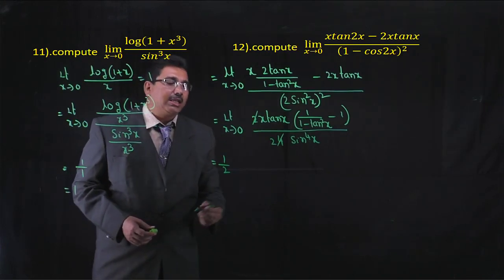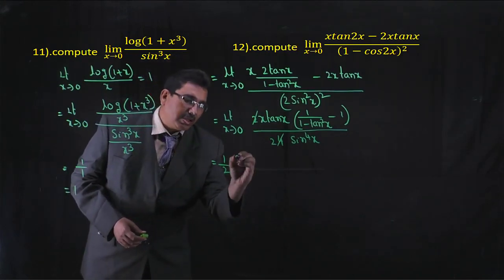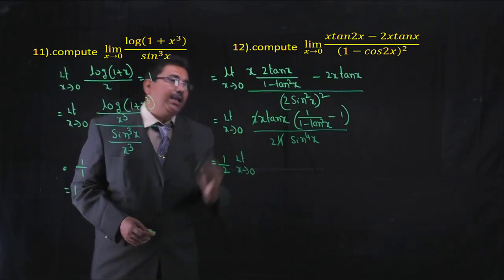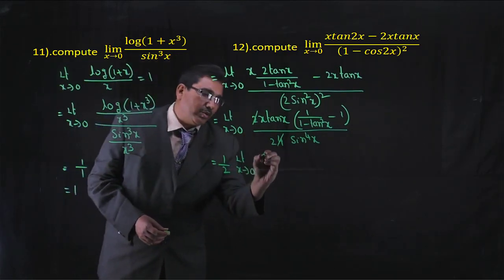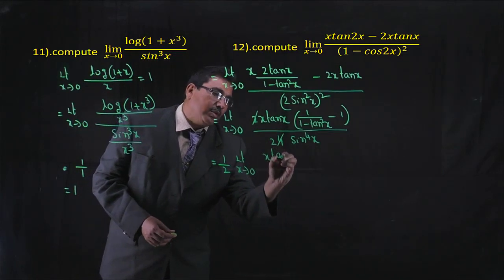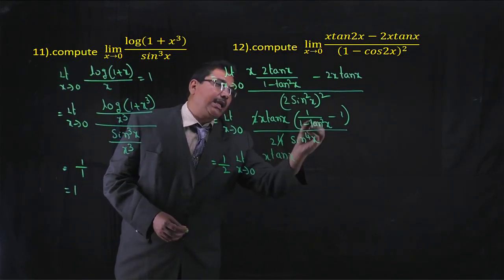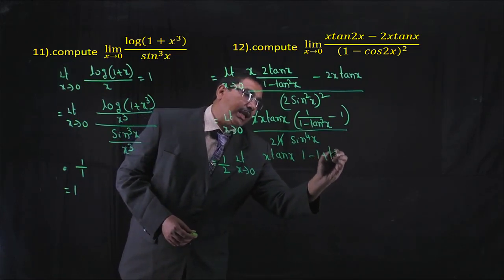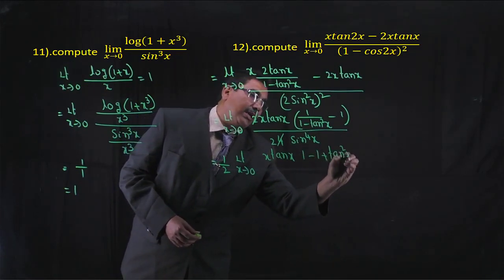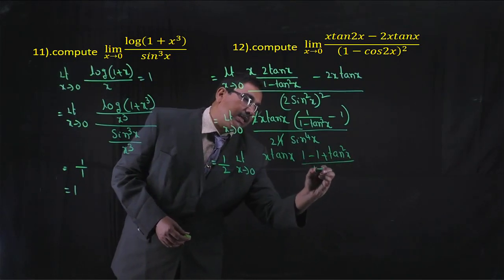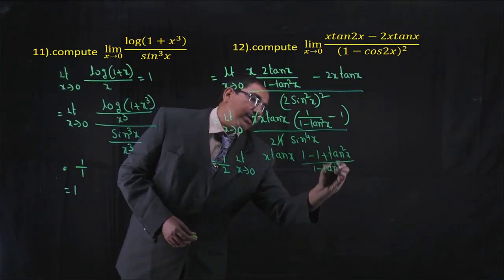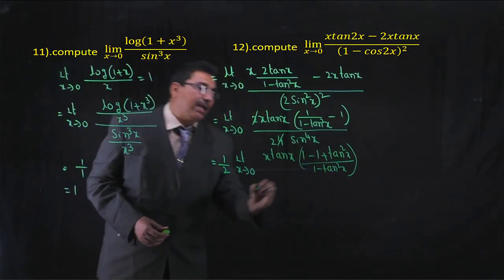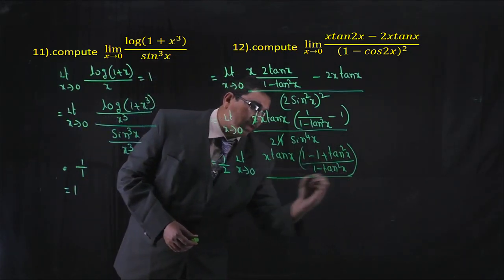So write 1 by 2, limit x tending to 0, x into tan x, take the LCM: 1 minus 1 plus tan square x divided by 1 minus tan square x, whole divided by sine power 4x.